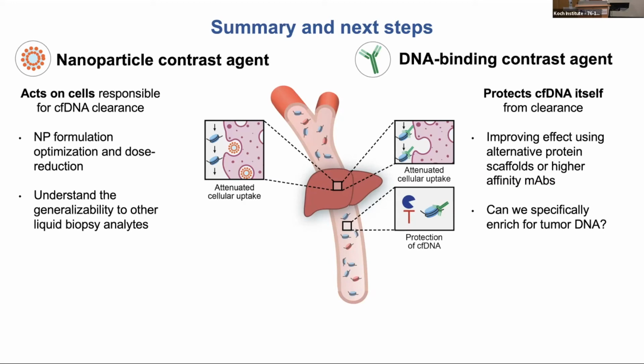And the next questions for us in this avenue is how we can improve on the observed effect using alternative protein scaffolds or higher affinity antibodies, and whether it would be possible to specifically enrich for tumor DNA in plasma rather than all DNA. And of course, for both of these approaches, questions regarding clinical translation, dosing, tolerability will be critical.